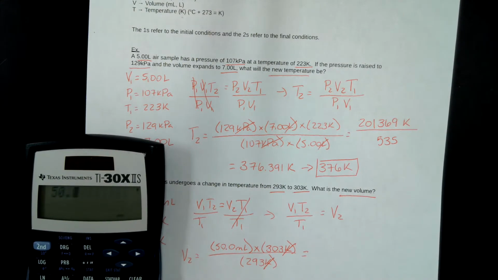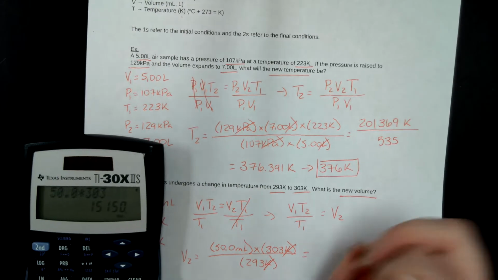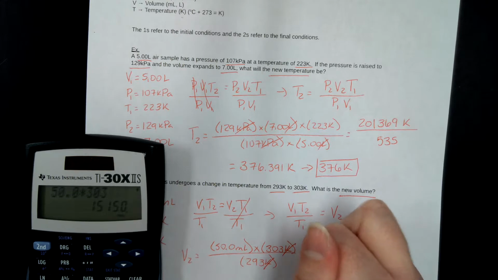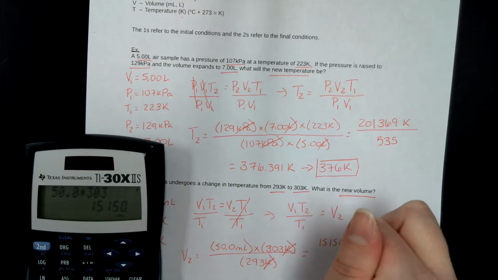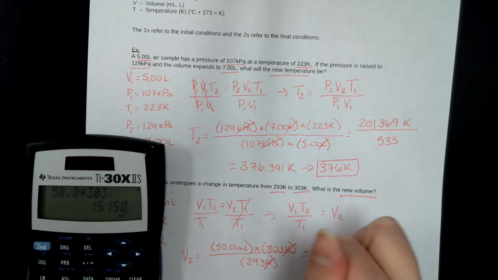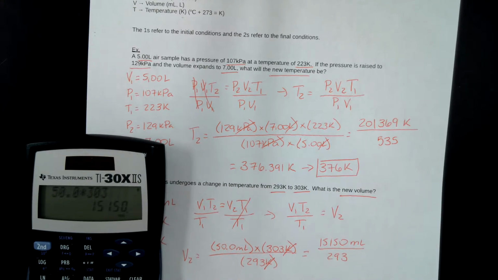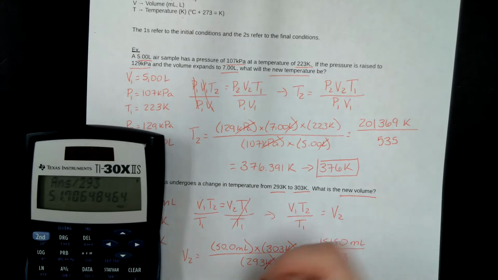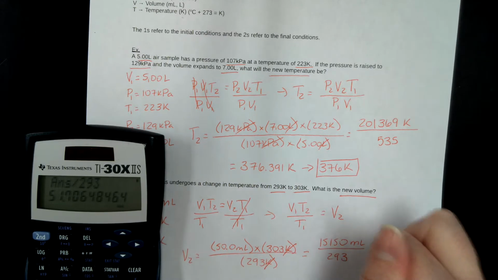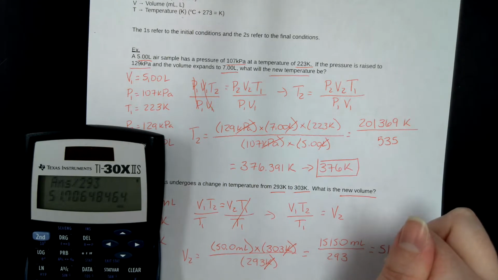So 50.0 times 303, fairly large number, divided by 293, so I can do my division now. So 51.706, lots of decimal places.